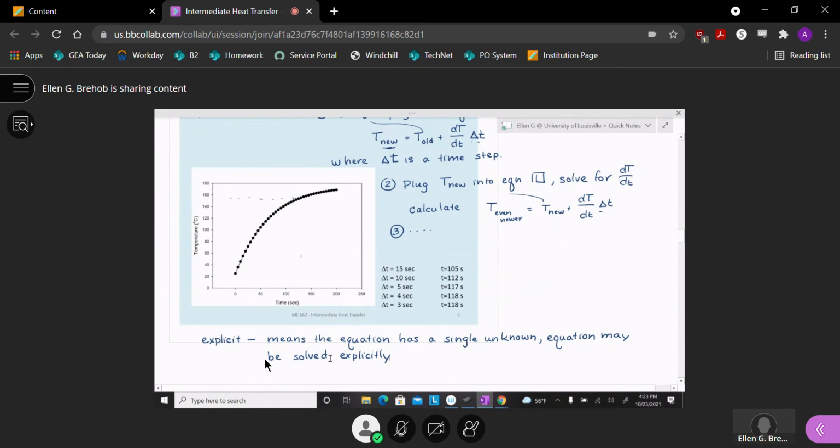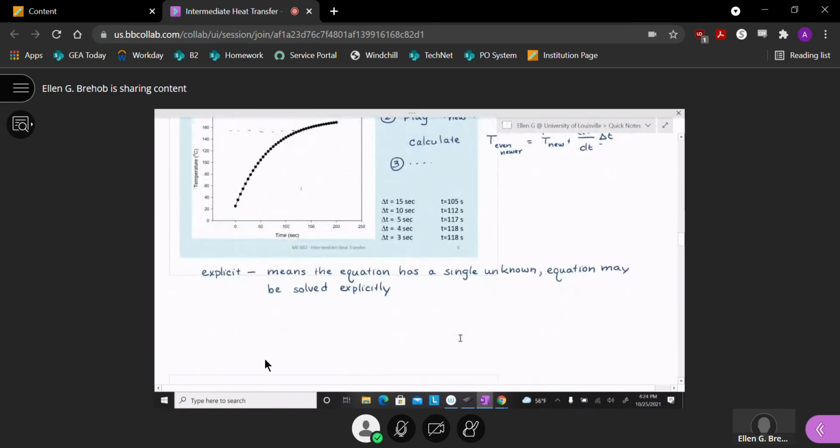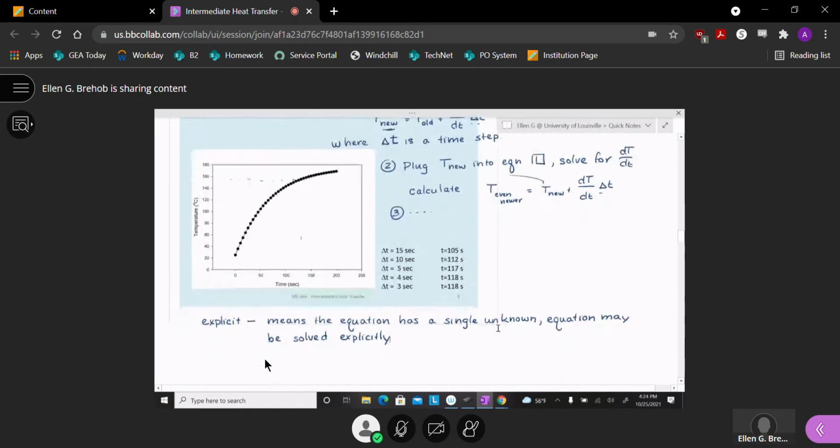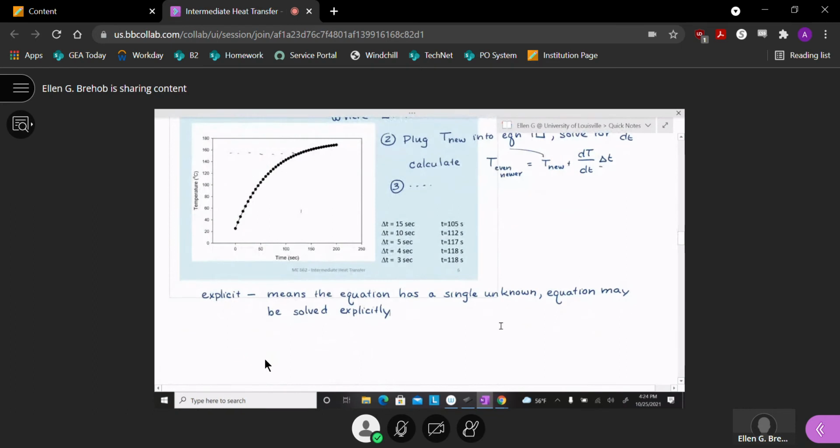So it's explicit. Another feature of Euler's method, or this explicit method for setting up this numerical integration: this is a Taylor series expansion again.